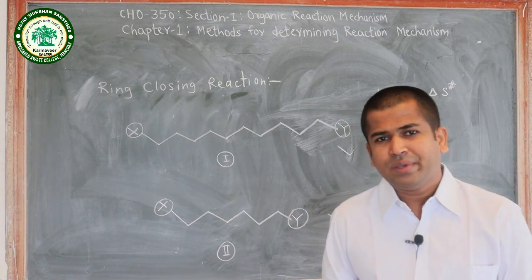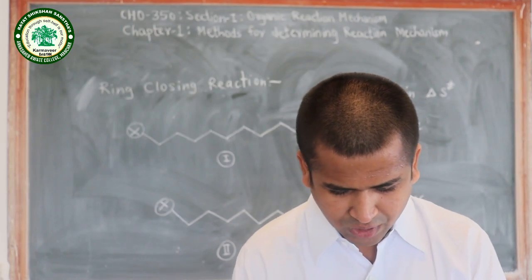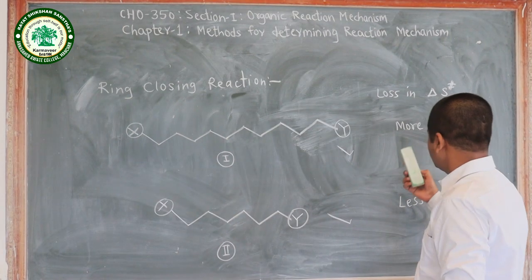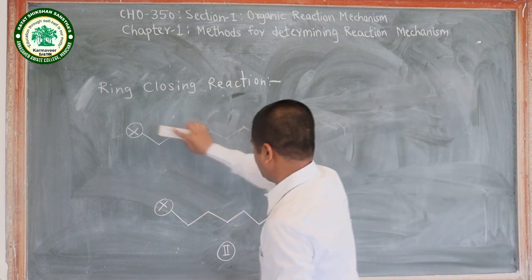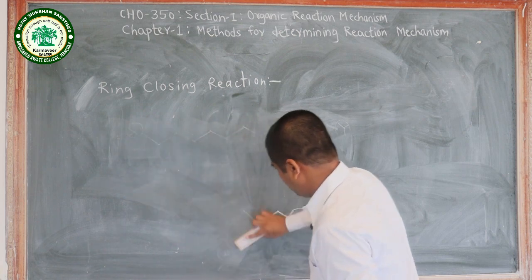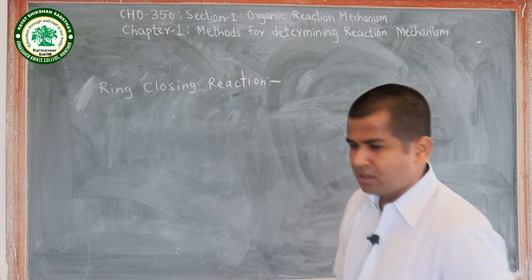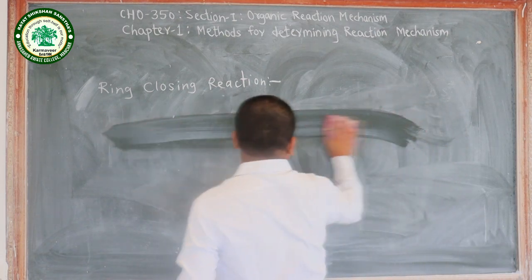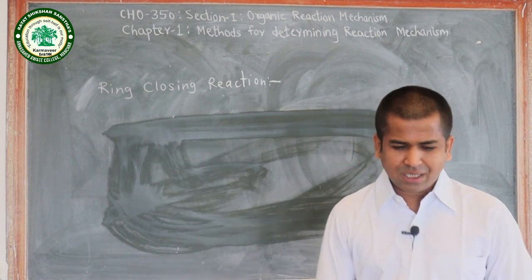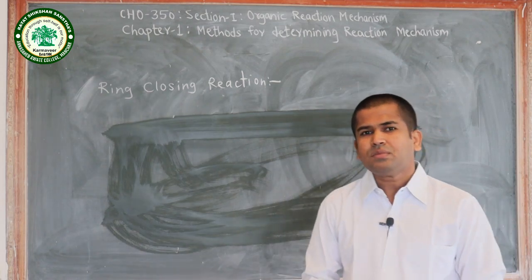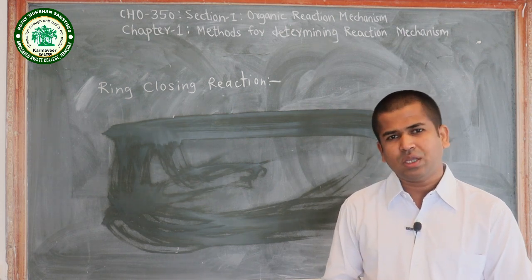Now we consider another example of ring closing, where we consider the formation of an ester. Suppose we have two substrates. In one substrate, the acidic group and the alcoholic OH group are in the same molecule, and in the other reaction we consider two separate substrates, an acidic substrate and an alcoholic substrate.